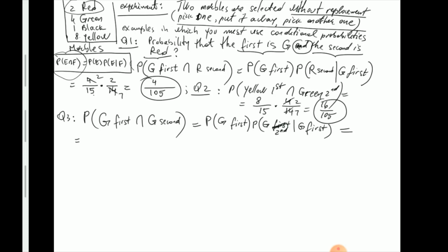So again, the first probability here is going to be 4 over 15, right? We have 4 greens. But now pay attention to what happens if we assume that the first one is green.